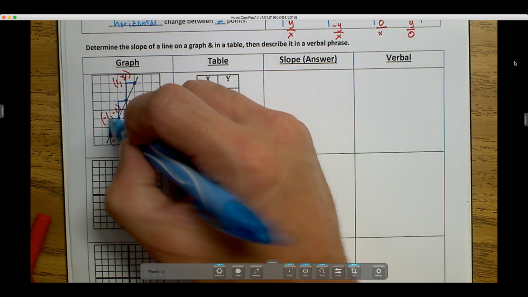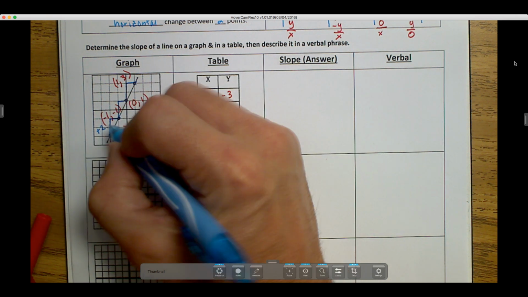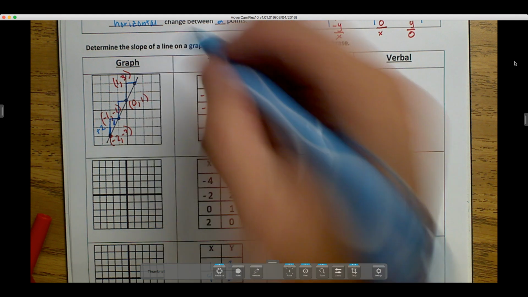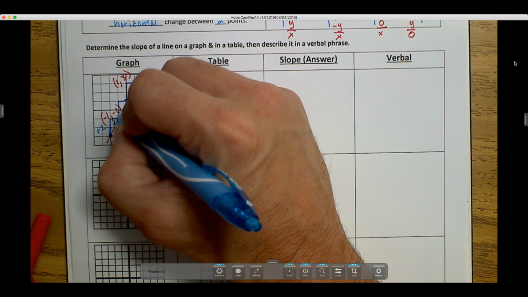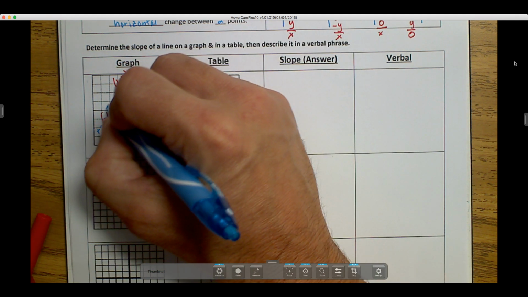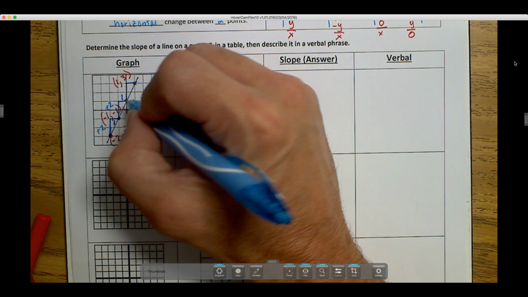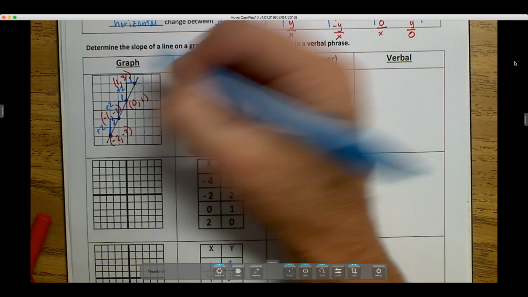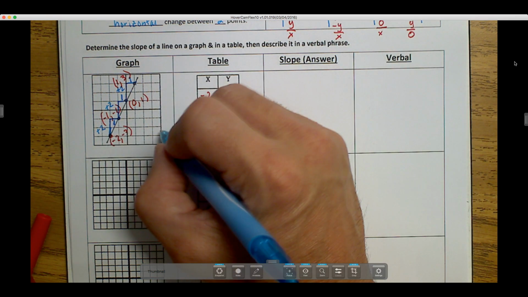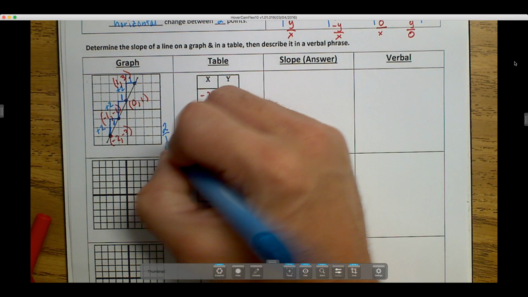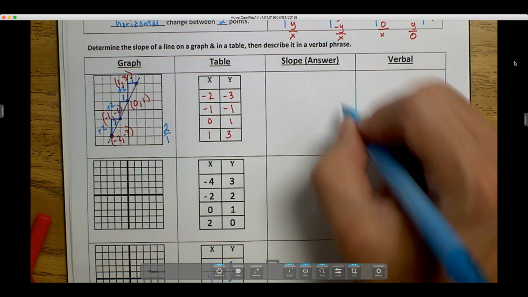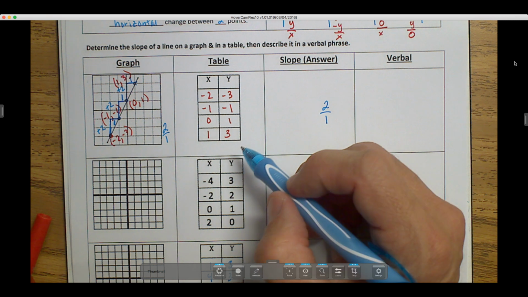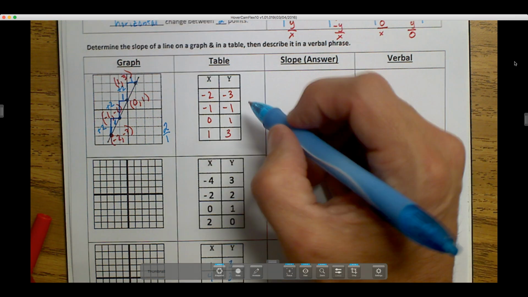So I go up 2 units, +2, to the right 1 unit. I'm going to put a little 1 in there. And then it should continue up 2 units, +2, to the right 1. And then up 2 units, a +2 to the right 1. So my slope here is going to be 2 over 1.